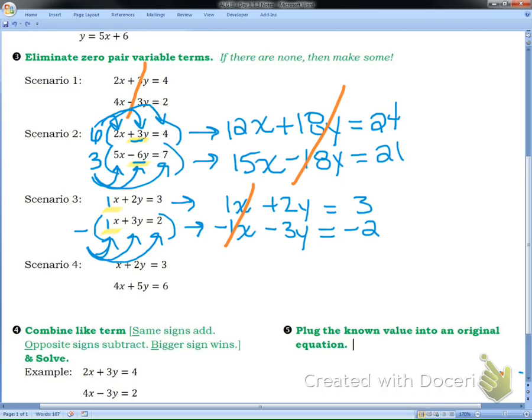Alright, so let's look at scenario 4. It's kind of like the combination of both, your worst case scenario. For your worst case scenario, when neither one of your numbers are the same, neither one of the variable term signs are opposite of one another, then we have to decide, okay, I have to do both things. I not only have to multiply both equations by the opposite coefficients, but I also have to multiply by a negative.